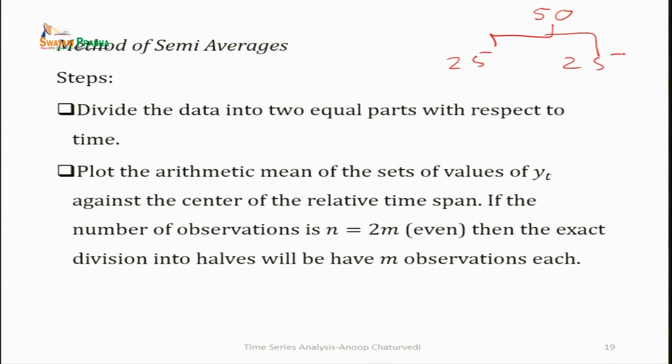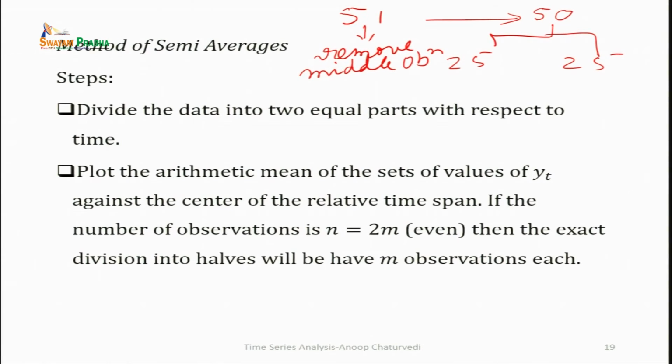But if you have 51 observations, then you remove the middle observation. So, you are left with the 50 observations, and then you divide the observations into two parts, 25, 25. Remove means for the calculation purpose only.